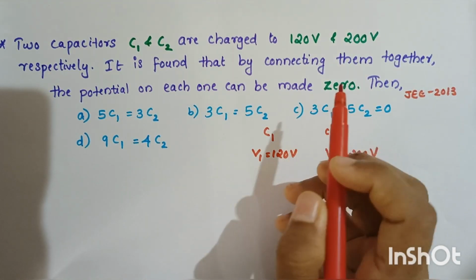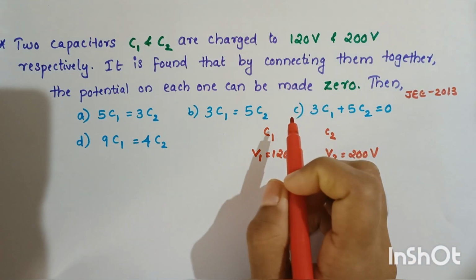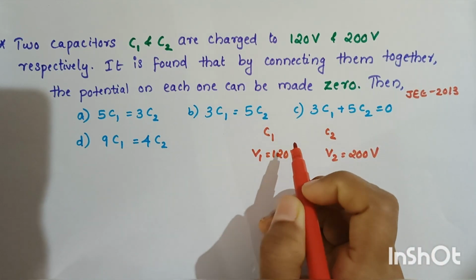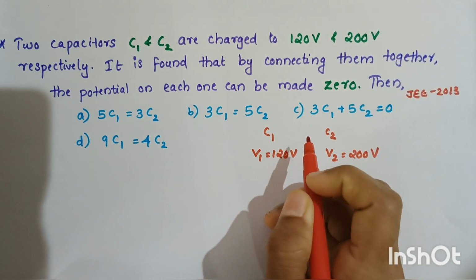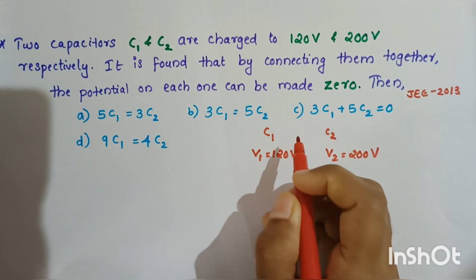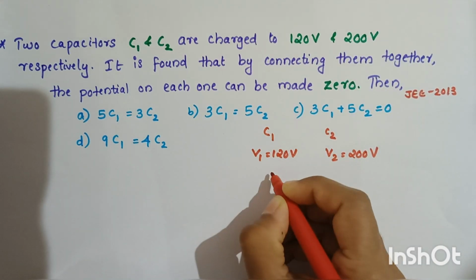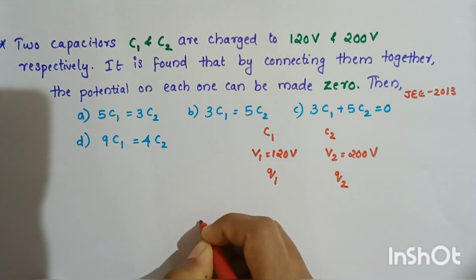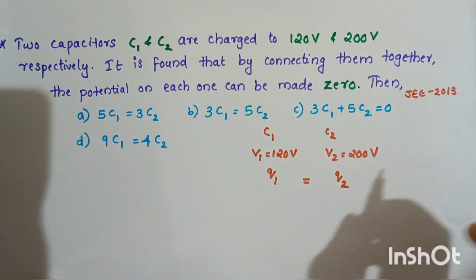So for potential to be made 0 after connection, the charges on both capacitors are equal. If we are connecting the two capacitors in such a way that the potential is 0, then at that time the charge on both the capacitors will be equal. I am taking the charge on the first capacitor as Q1, charge on the second capacitor as Q2. So Q1 will be equal to Q2 in this case.